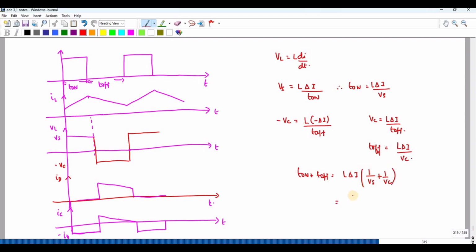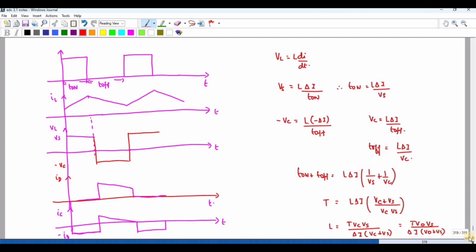So this is nothing but L del I into Vc plus Vs divided by Vc Vs. This is nothing but your T. So I can write L is equal to T Vc Vs divided by del I into Vc plus Vs. Here Vc is nothing but V naught, so L is T V naught Vs divided by del I into V naught plus Vs. This is the value of the inductance.